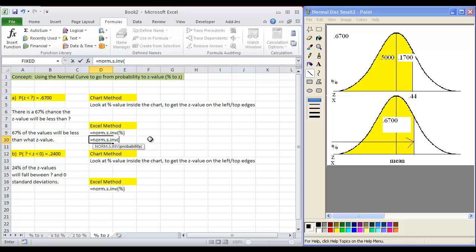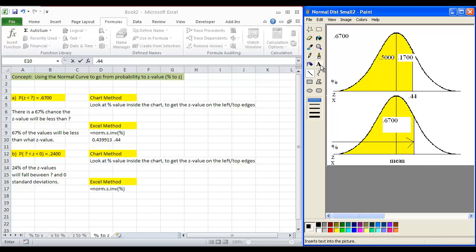You could also put in 0.67 if you wanted to. And it's going to come back with 0.4399. Well, rounded, that's going to be 0.44. So in this methodology, we found out that that was 0.44. So whether you use Excel or the chart method, you get the same thing. So what does that mean? It means that there is a 67% chance the z value will be less than 0.44.